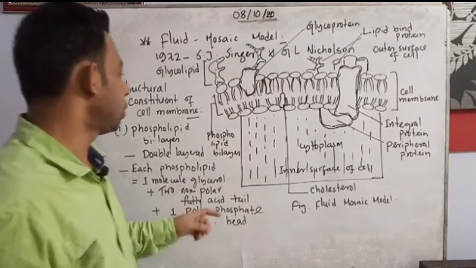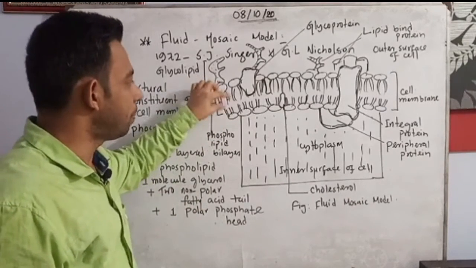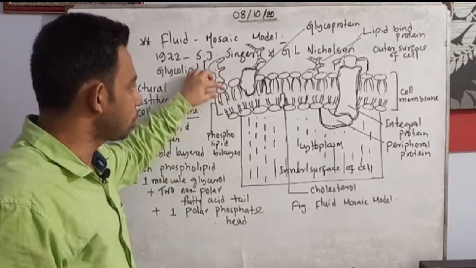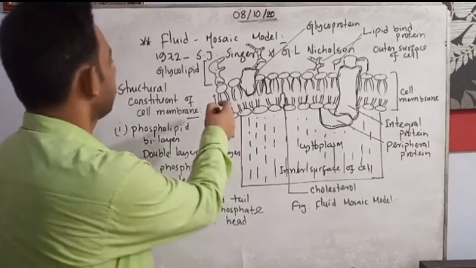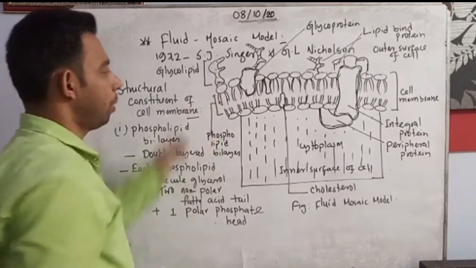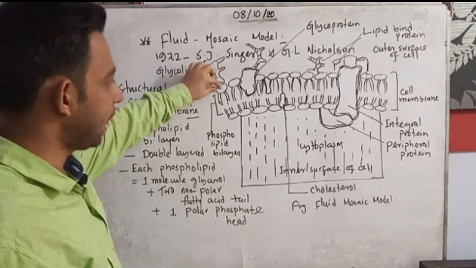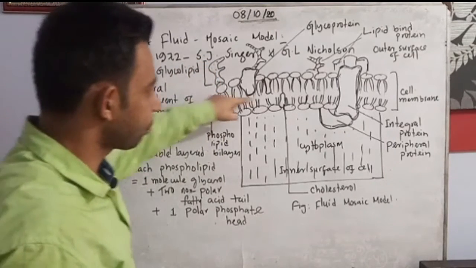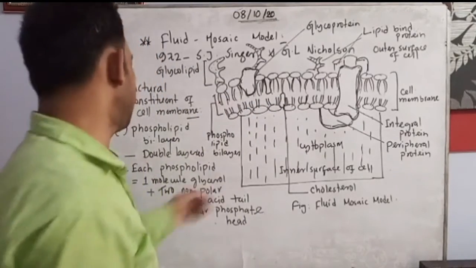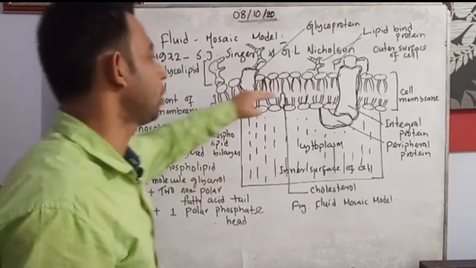So each phospholipid bilayer, which means 2 layers, each phospholipid contains 2 nonpolar fatty acid tails and 1 polar phosphate head, and in between them 1 molecule of glycerol is placed.